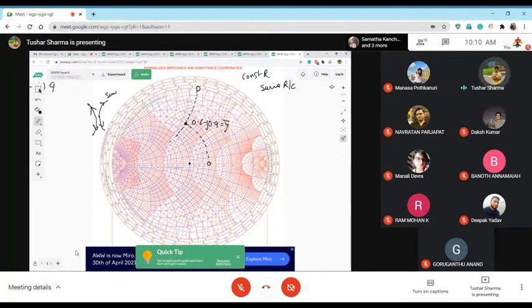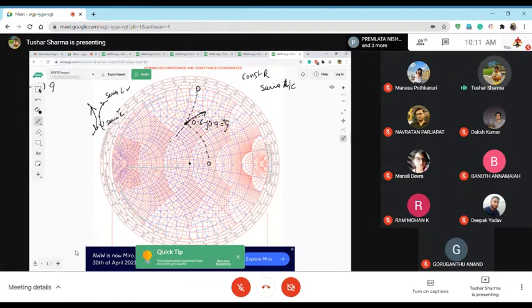तो पहले let's see, this was series L, this was series C, sorry. ठीक है, तो अगर मेरे को clockwise जाना है तो I will use series L, but if I have to go anti clockwise I will use series C. तो अब यहां से अगर मैं constant R circle देखता हूं, which means any constant R circle from here is basically, it will be like this, इस डायरेक्शन में होगा. तो अगर मैं यहां से इस तरफ जाता हूं, then I am actually moving in what will be clockwise direction.